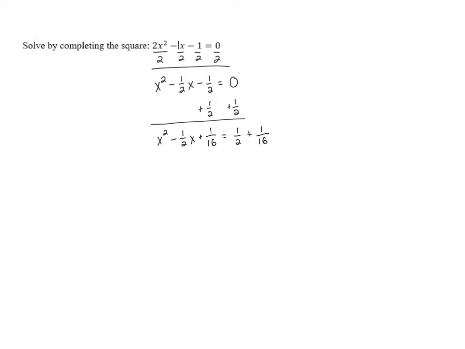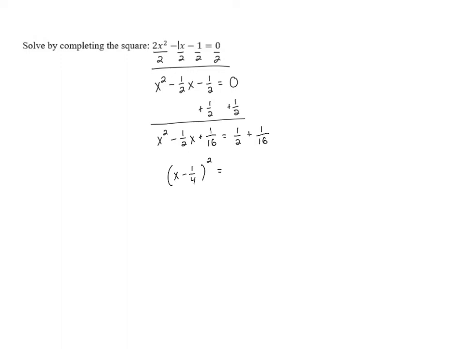Once we've added 1/16 to both sides, we're ready on the left-hand side to factor the perfect square trinomial. When we factor this, we end up with x minus 1/4 squared.